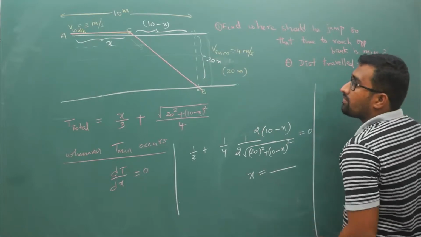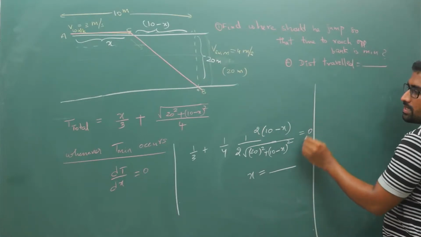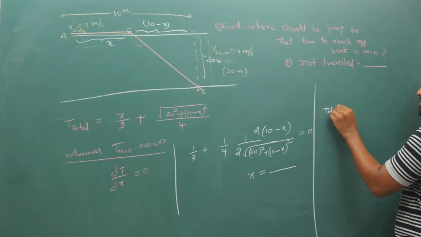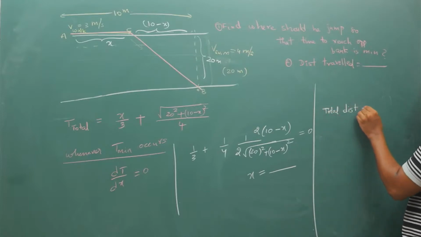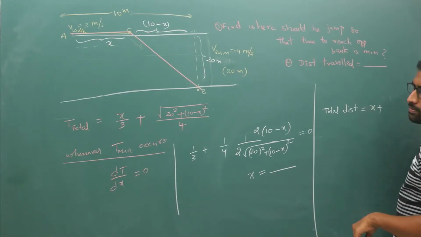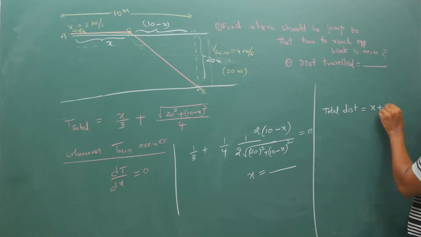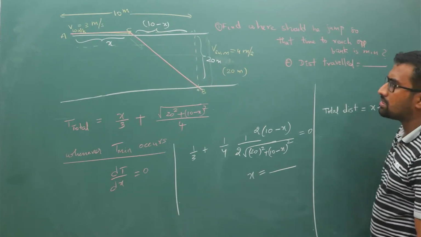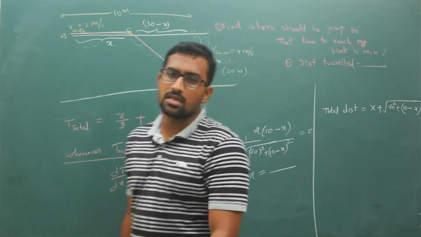Once you get the value of x, your total distance traveled is x on the bank plus, inside water, under root 20 square plus 10 minus x whole square. So like this you have to solve the basic equations.